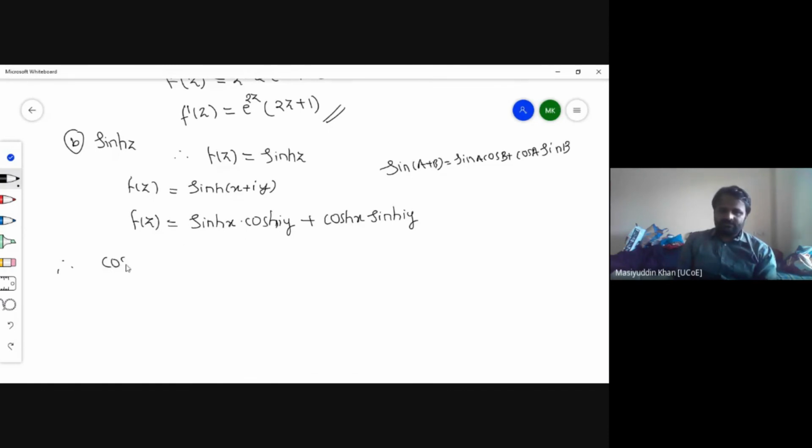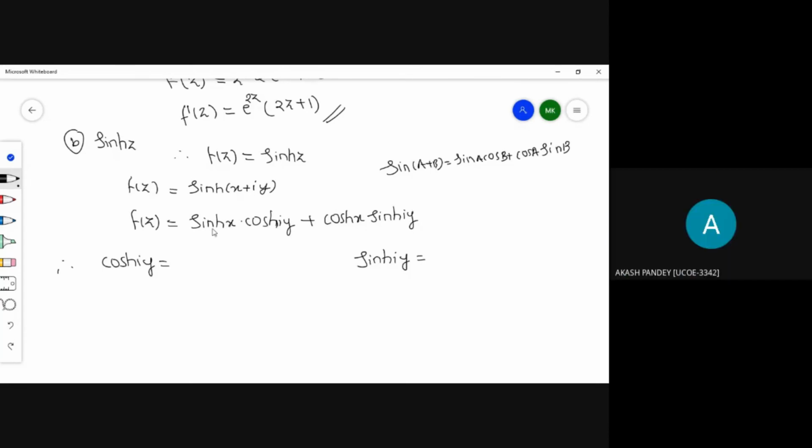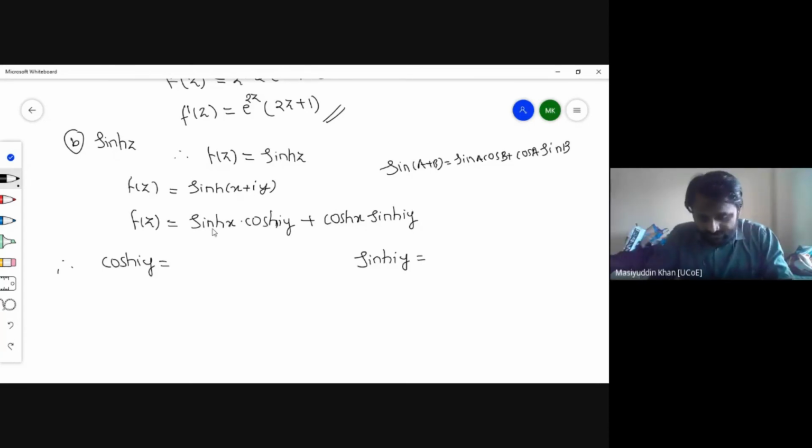Cos hyperbolic of iy is equal to something, a hyperbolic into circular function, and sine hyperbolic of iy is equal to something. Does anyone remember? Does anyone remember anything? Cos hyperbolic iy is what? I cos y? I cos y.